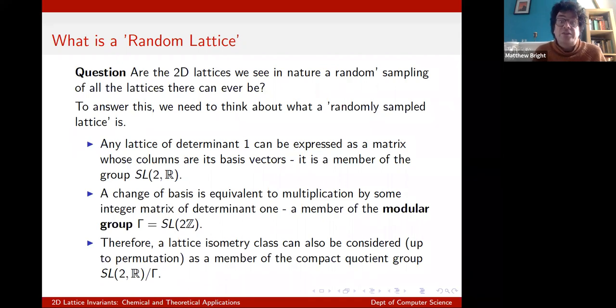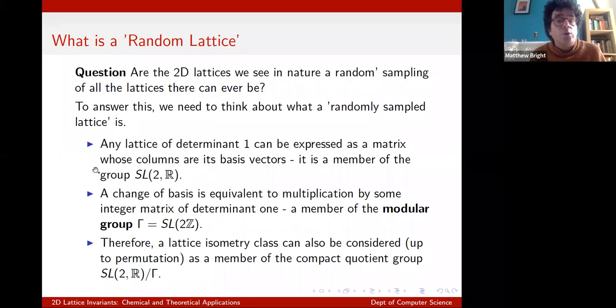And there's this question then of, what do I mean by a random lattice? And it's not as simple, because of the business of basis selection and isometry. That is nowhere near as simple as just randomly selecting two linearly independent vectors in R2, fairly obviously. But this question has been answered by Professor Marklof and others for lattices of determinant 1. So you can express this.